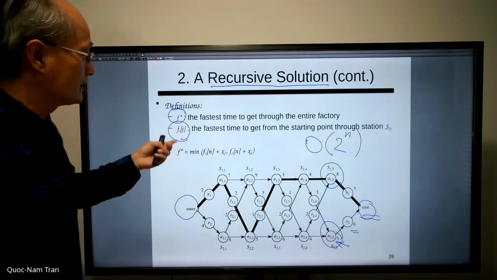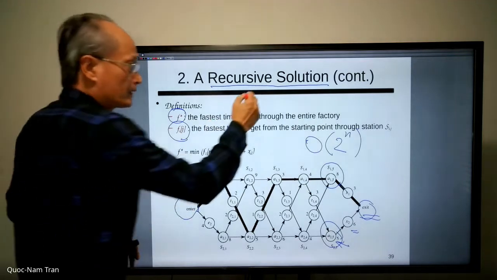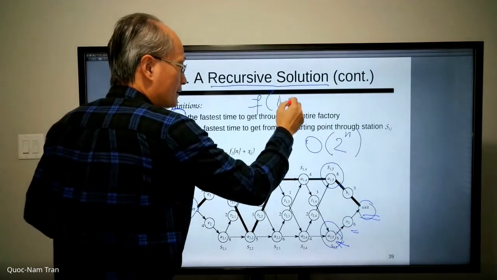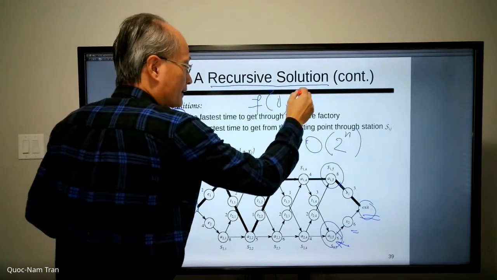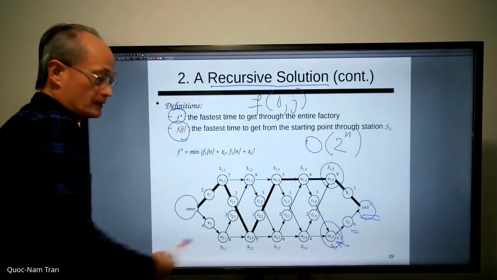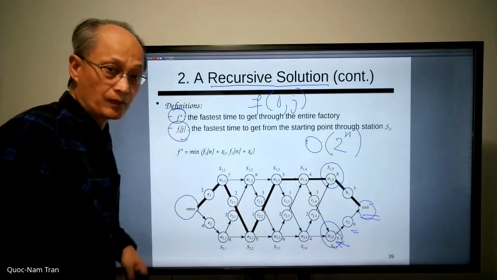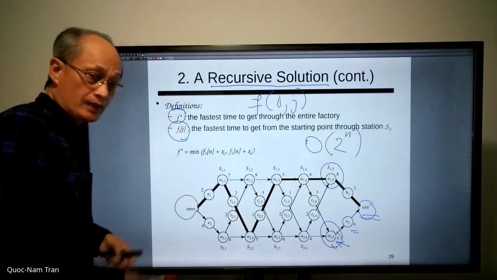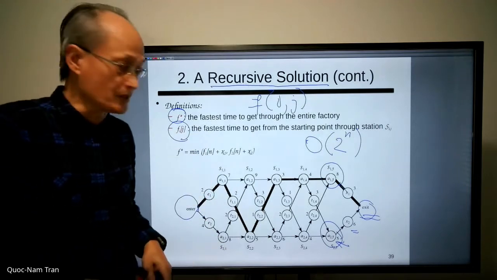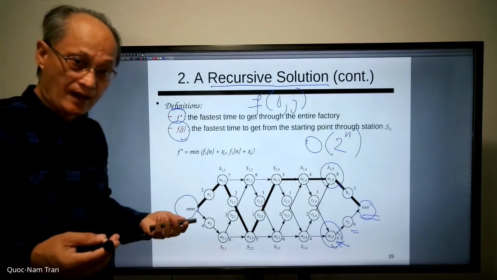So basically, Fij here will be a function or a method that will take into account two parameters, i and j, right? Where i will go from 1 to 2 and j will go from 1 to n, where n is the number of stations, right? We assume that both assembly lines will have the same number of stations. All right, so that is what we have, right?